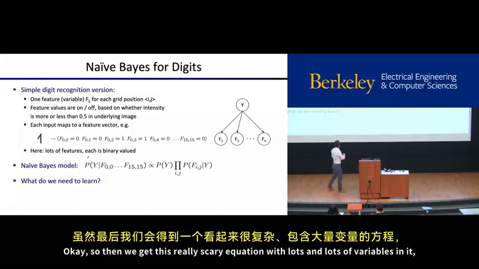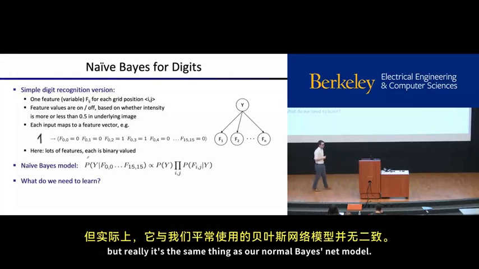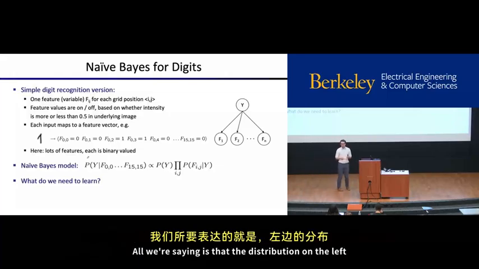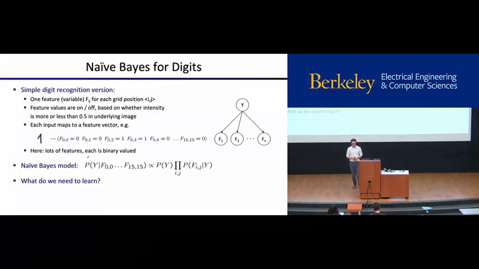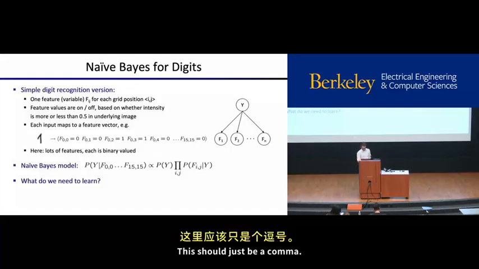Okay, so then we get this really scary equation with lots and lots of variables in it, but really it's the same thing as our normal Bayes net model. All we're saying is that the distribution on the left is proportional to the product of the distributions on the right. I think that's actually wrong. This should just be a comma. Okay, ignore the conditioning bar.